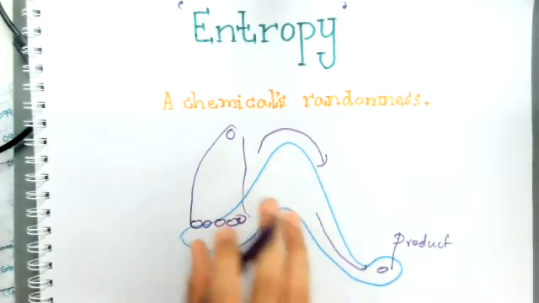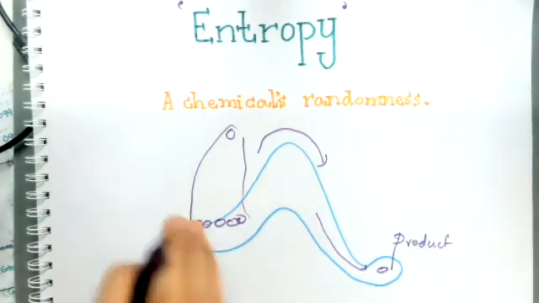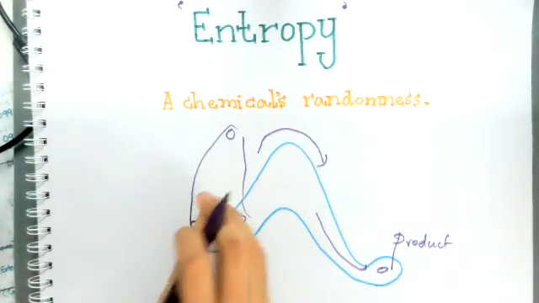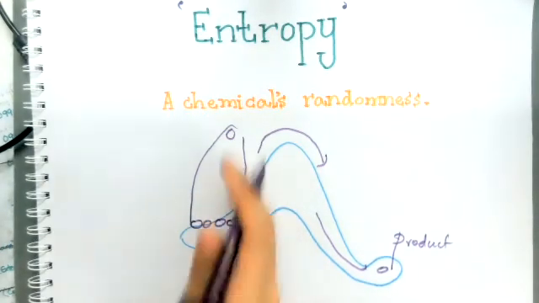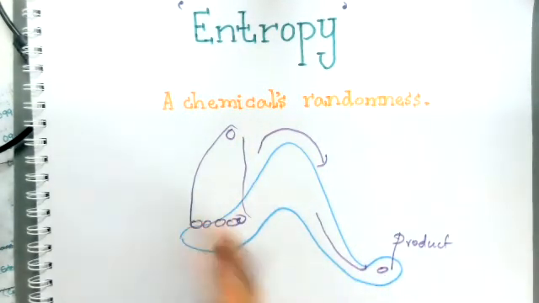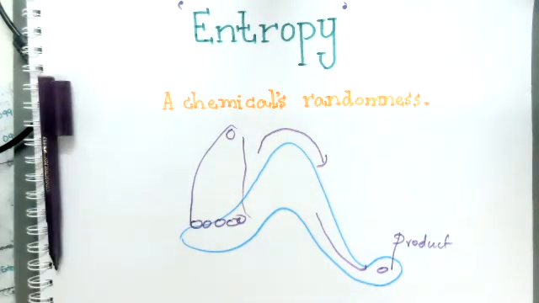Any molecule which got that activation energy managed to become a product, but whichever couldn't just stayed the way it was. So it was all about chance, and entropy is everywhere.